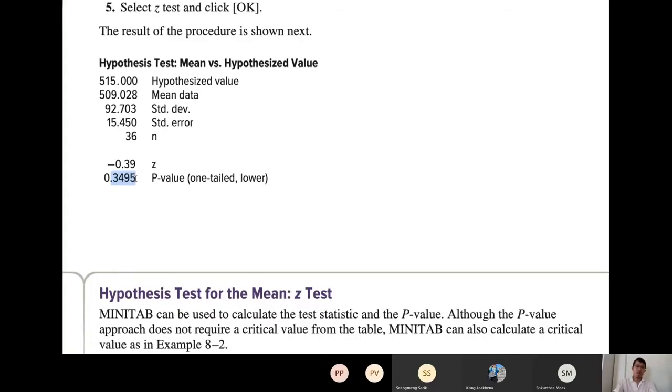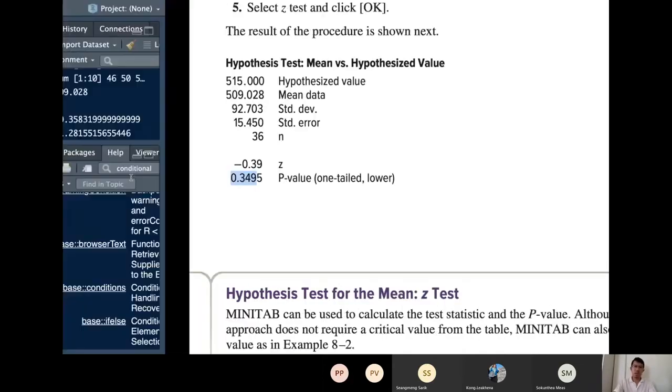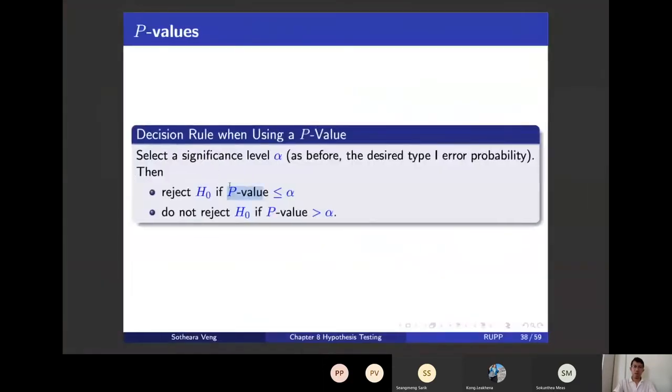So if you want the significance level to be 0.1, in this case the p-value is greater than the significance level. So you do not reject the null hypothesis, because if the p-value is less than the significance level you reject, but here the p-value is greater, right? That's why we do not reject the null hypothesis.